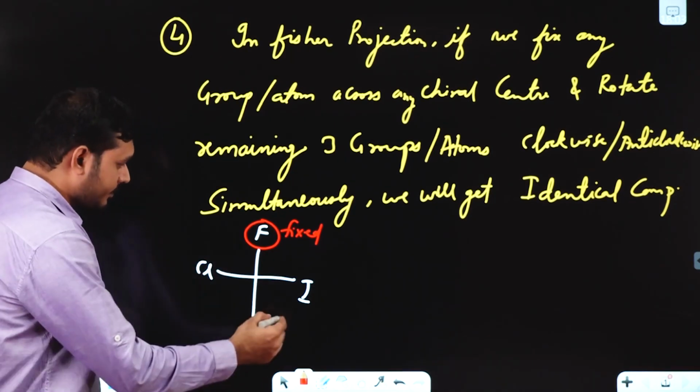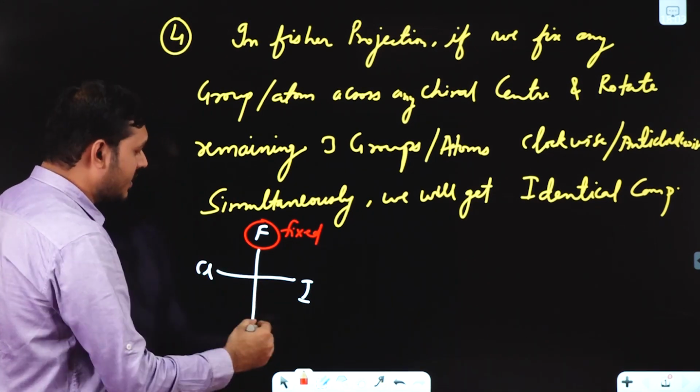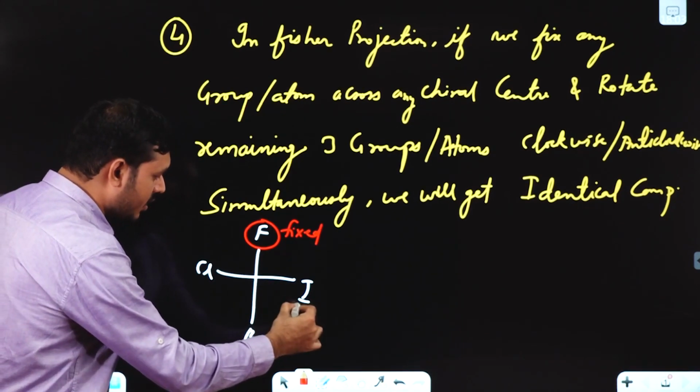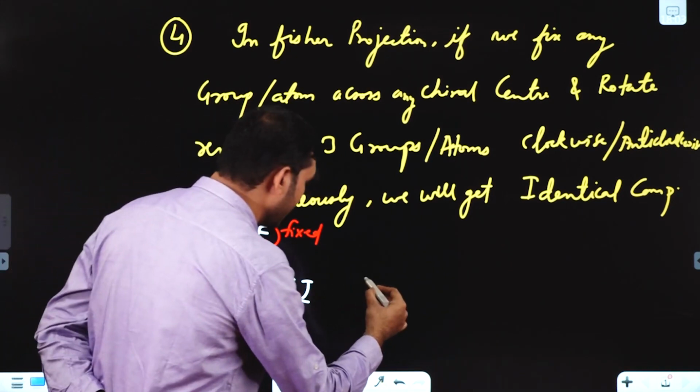So if I rotate this part clockwise, means this side, iodine will come here, bromine comes here, chlorine comes here.